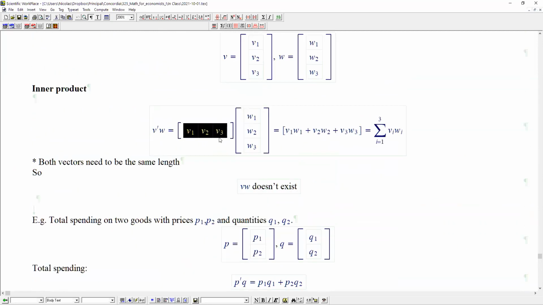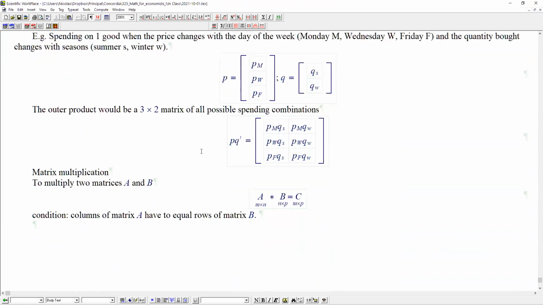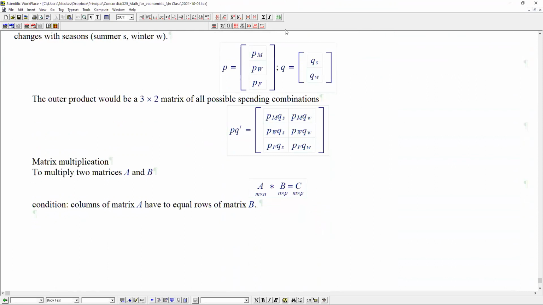Columns of matrix A would be here 3, equal to the rows of matrix B, which here would be 3. That's the only way you can add them all together and combine them.